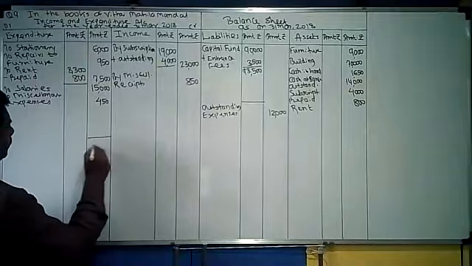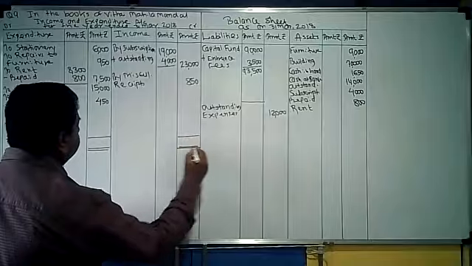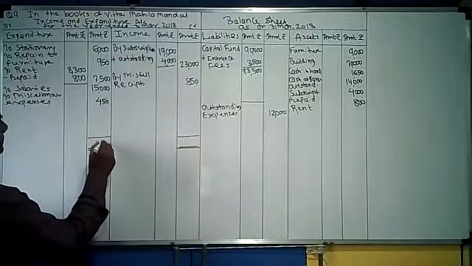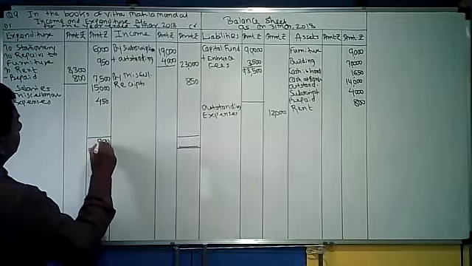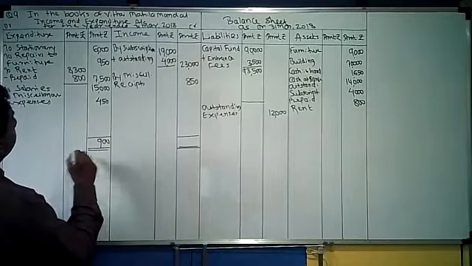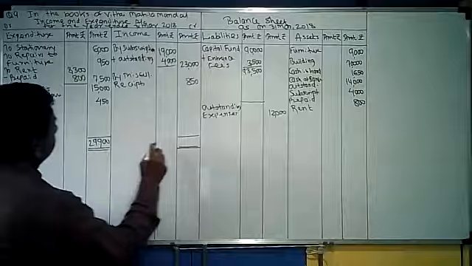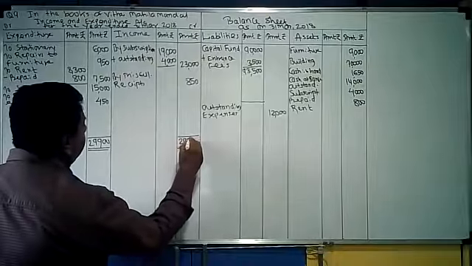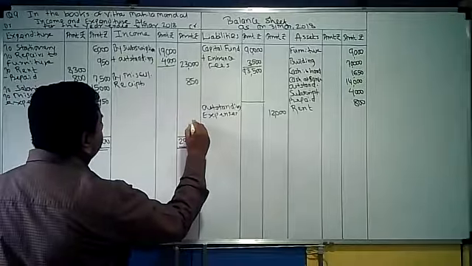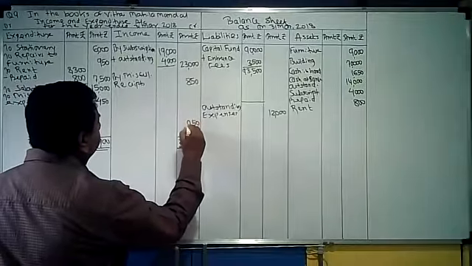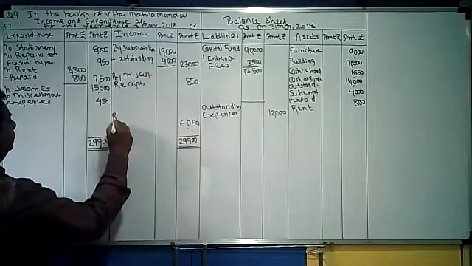Expenditure total is more. So expenditure total 29,900. So there is a deficit.